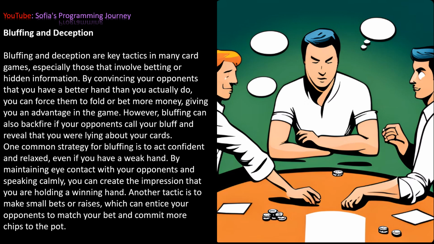One common strategy for bluffing is to act confident and relaxed, even if you have a weak hand. By maintaining eye contact with your opponent and speaking calmly, you can create the impression that you are holding a winning hand. Another tactic is to make small bets or raises, which can entice your opponents to match your bet and commit more chips to the pot.